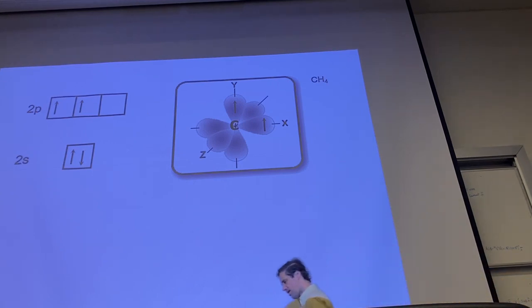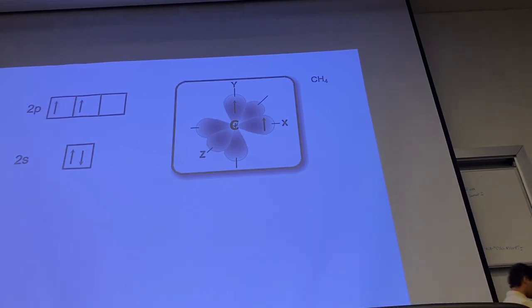If I now sketch that, as given in the picture up there, I see these lobes, and those are the p orbitals. The 2s is a spherical thing. So think about there being a sphere there with 2 electrons, which I don't depict in this image. I only show where those 2p electrons are.